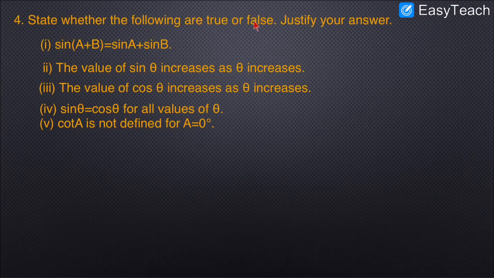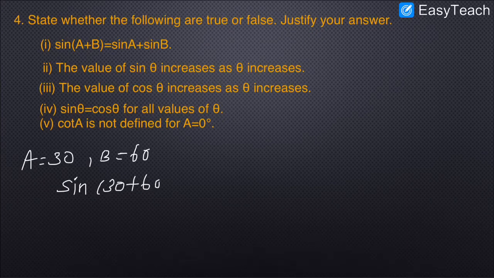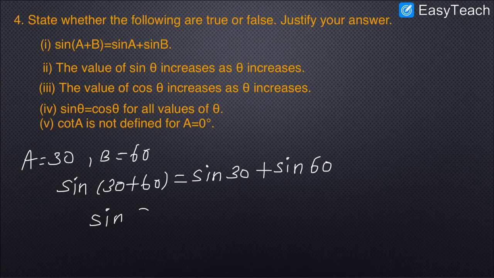So sin of 30 plus 60 equals sin 30 plus sin 60. So here sin 90, and as usual the same sin 30, sin 60. What is sin 90? Sin 90 is 1. For sin 30, 1 by 2. For sin 60 degrees, root 3 by 2.